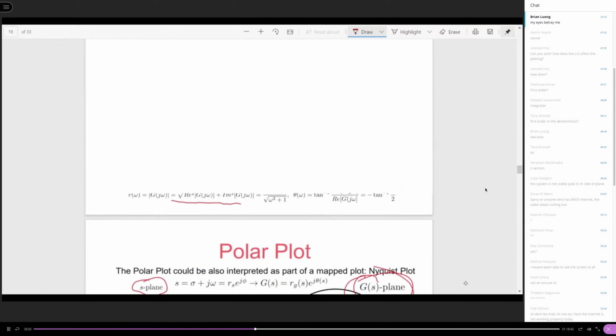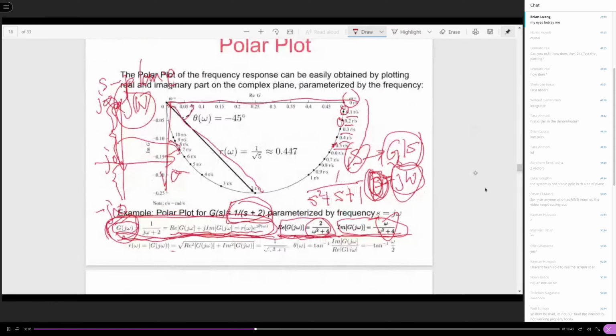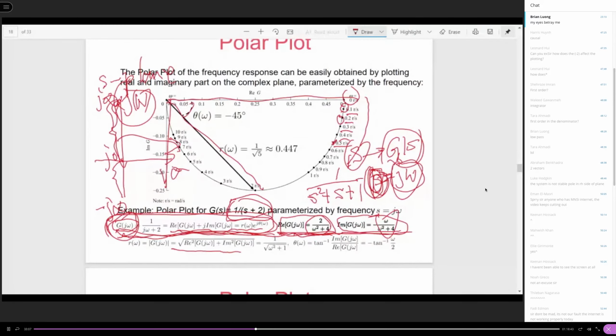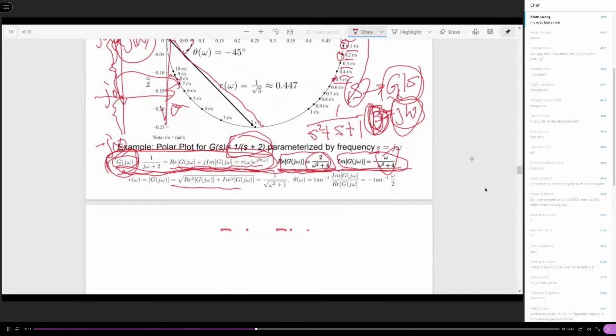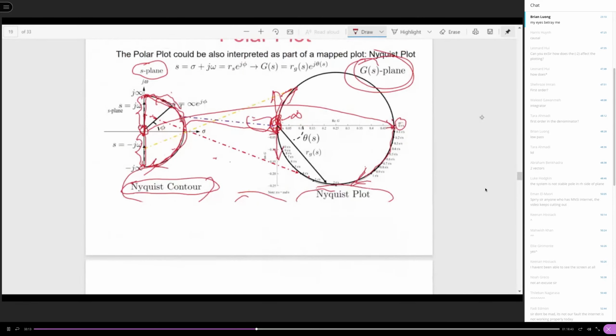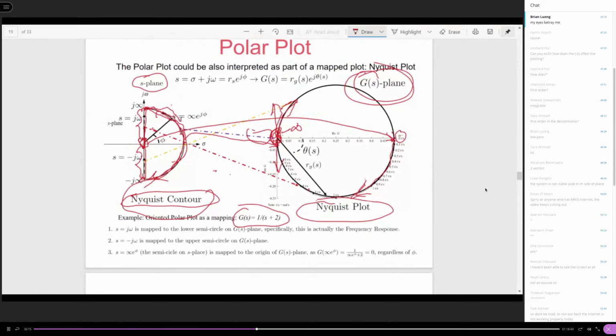For this plot, I said that you should not take the semicircle for granted, because we don't know what kind of shape it will have. Same thing here, this is just a special example. You cannot even say that the upper part is always mapped to the lower part.